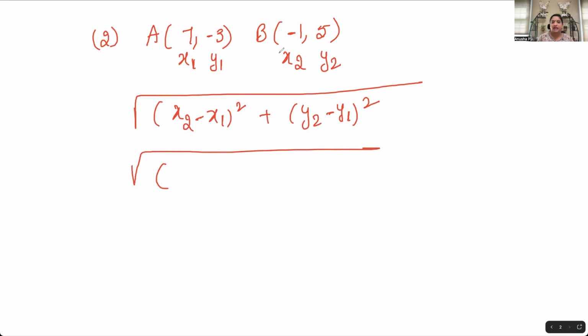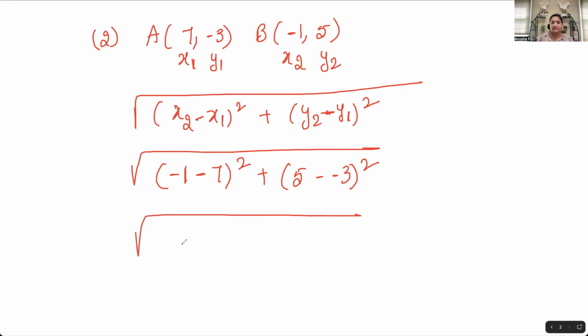In this question, x2 is minus 1 minus 7 whole square. Y2 is 5 minus of minus 3 whole square, because in the formula we have minus and y1 is again minus 3.